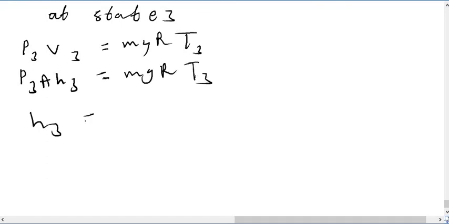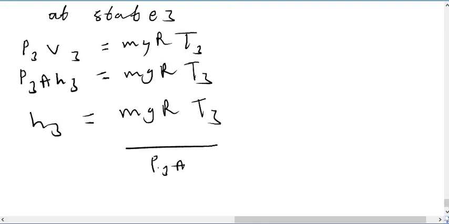So what is H3? H3 is mRT3 all over P3 A.